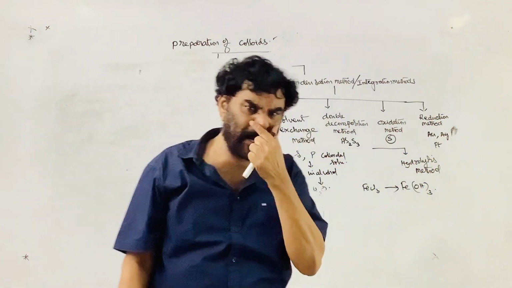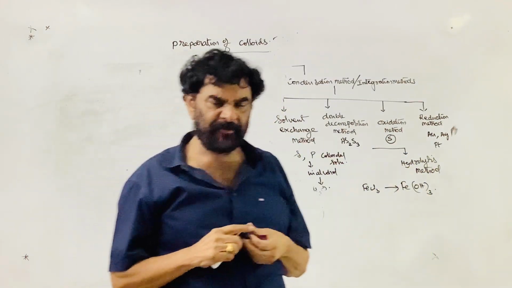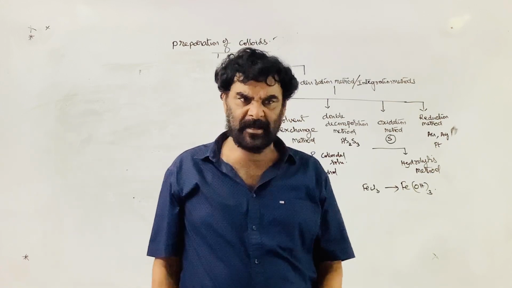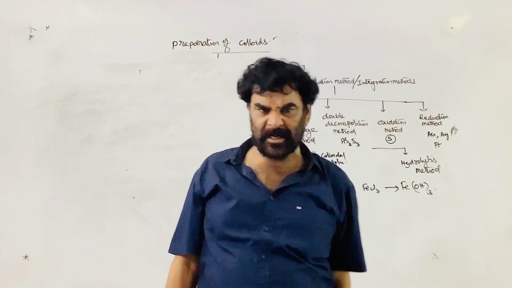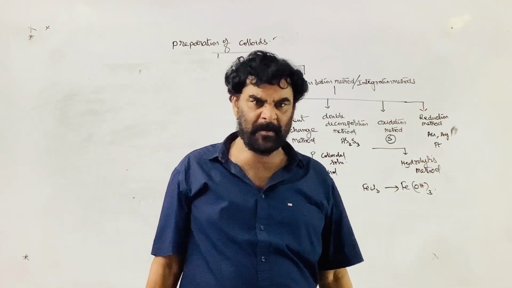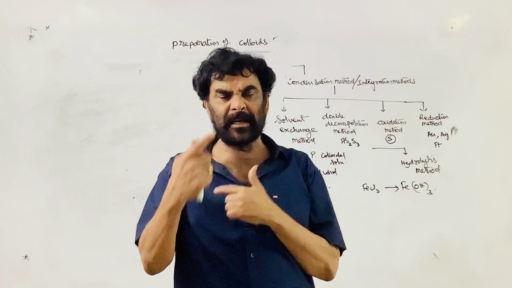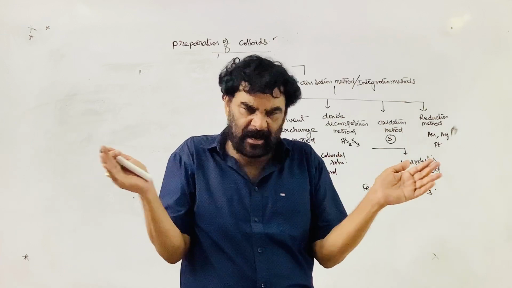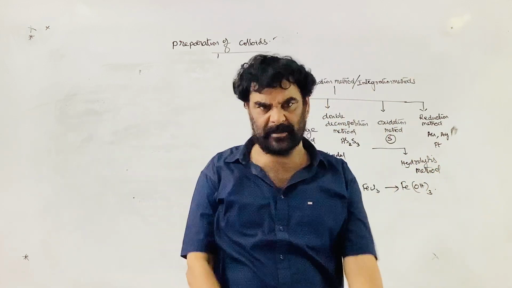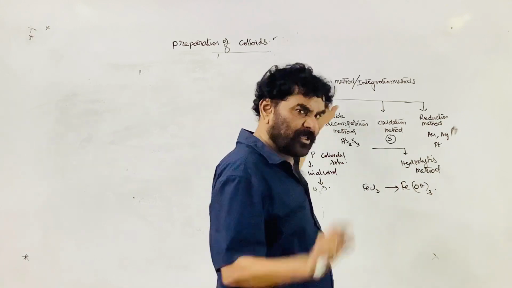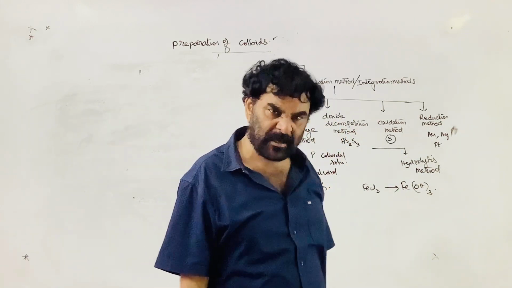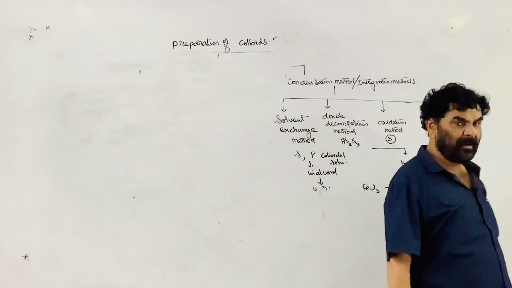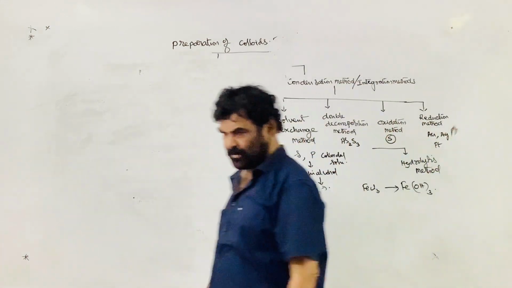Originally the material is in the atomic, ionic or molecular state, that is, the size is less than 1 nanometer. Using some technique, they aggregate and combine and change into the colloidal state. We convert small particles into bigger particles of colloidal size. This is called the condensation method, or aggregation or combination method.